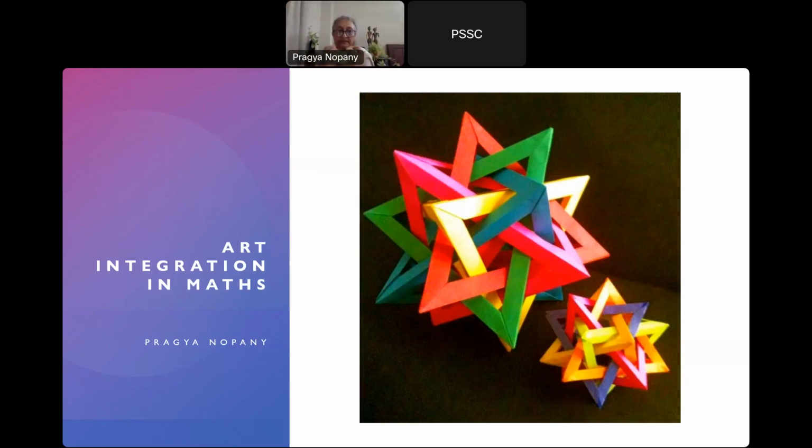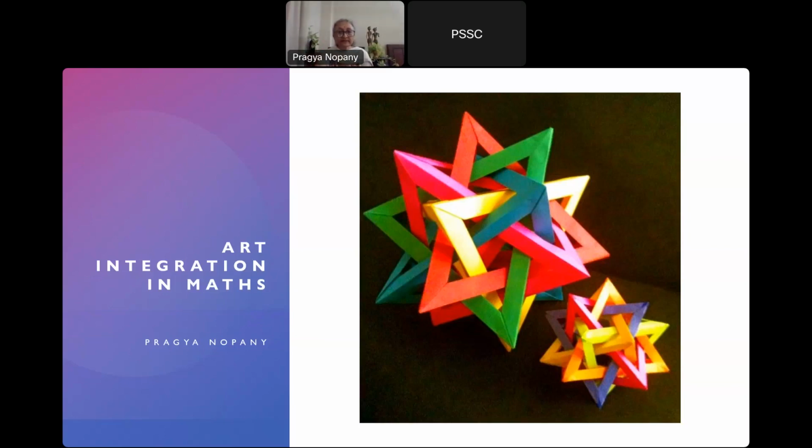But when we integrate maths with art, there is a lot of tangible, in-hand things which convert the abstract ideas of mathematics into something that children can feel, they can see, they can hear. So that makes it more realistic. Otherwise, children feel that maths is all in mind only, right? So that is the idea of art integration in mathematics.